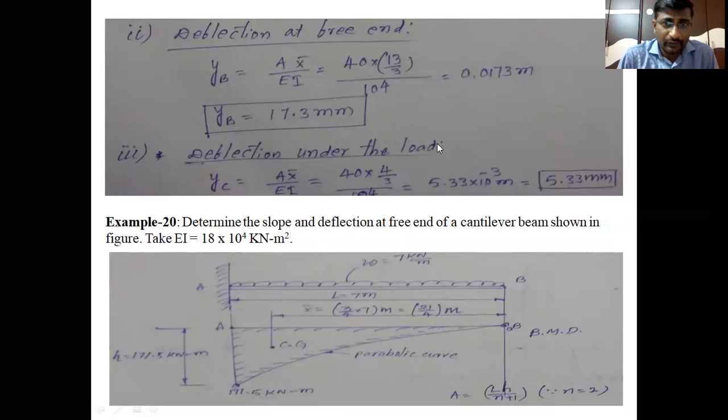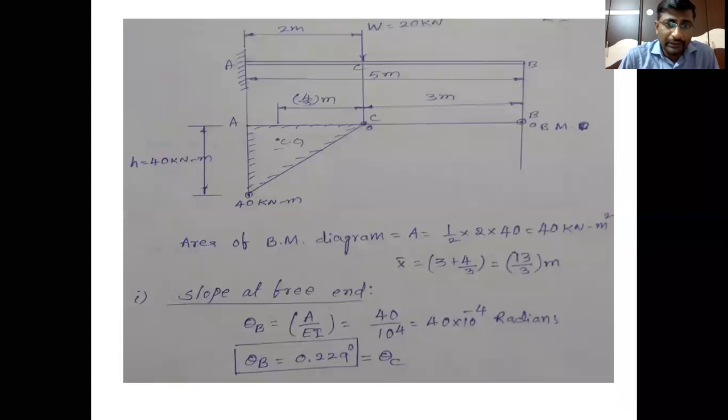Then deflection under the load, Y C. If you want to find the deflection under the load, here X bar will change. If you want to find the deflection at point B, then X bar is 3 meters plus 4 by 3 meters.